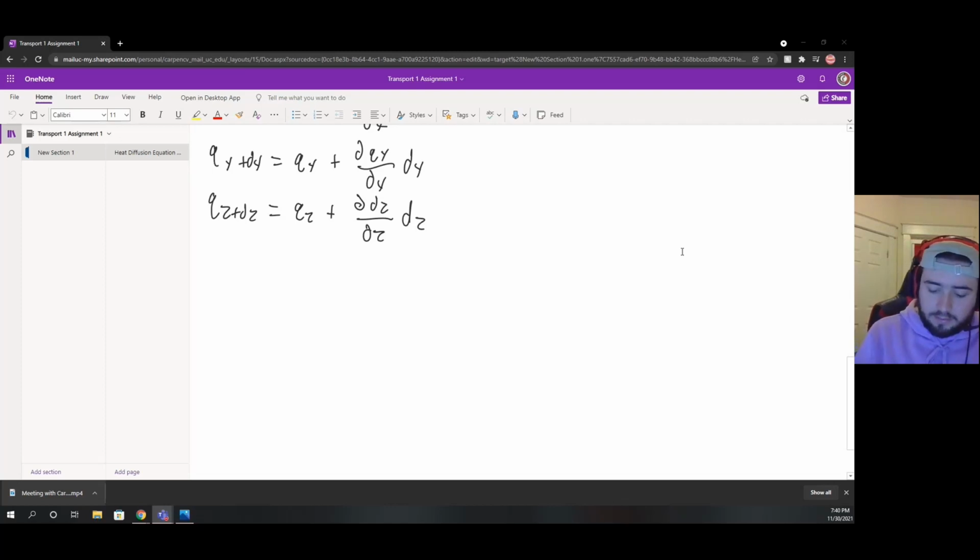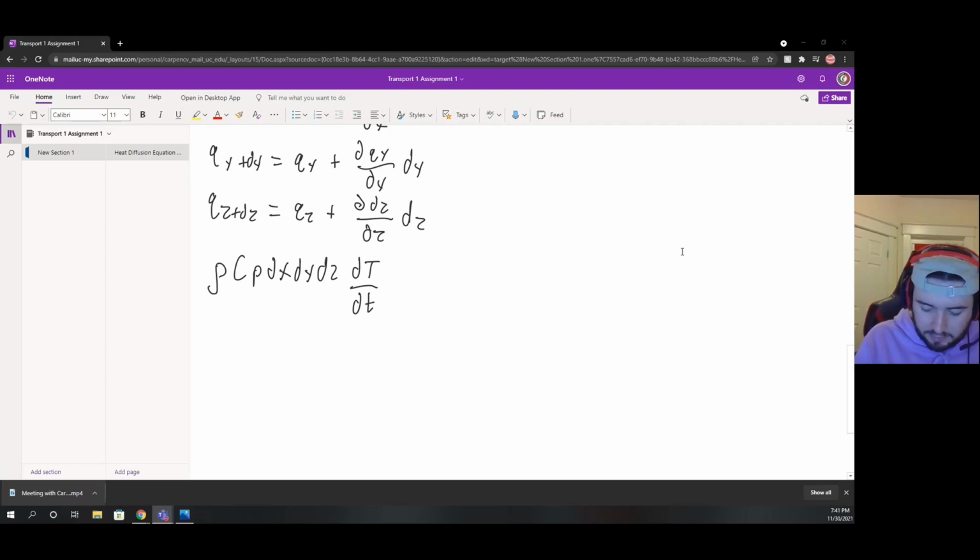All right, so now we have enough information to write out our equation, plugging in our values. So our energy storage values that we found were the density times the heat capacity times dx, dy, dz times the change in temperature over change in time.